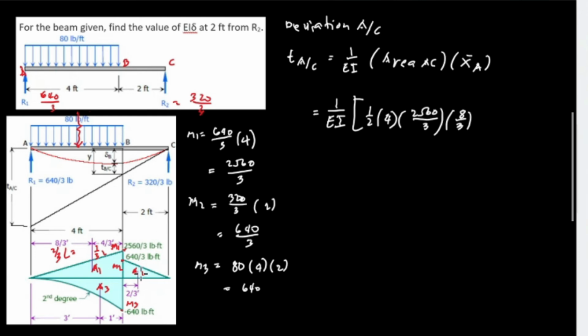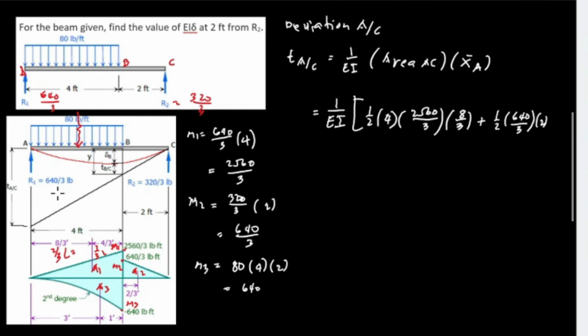Next, for area 2, and it is also positive, the height, or M2, is 640 over 3, and it is a triangle, so 1/2 and 640 over 3, and the distance from B to C, that's 2.